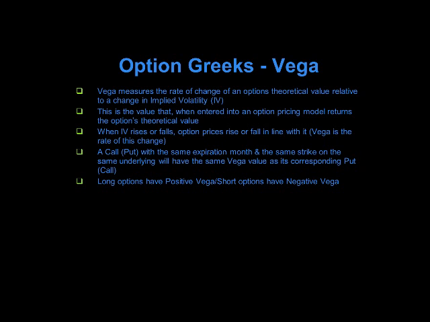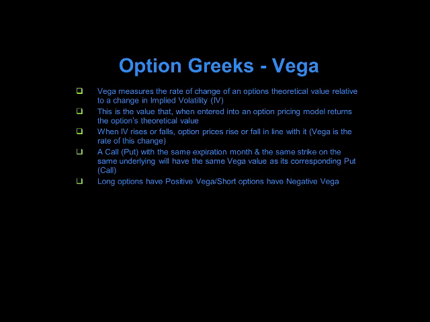If you're short, it's a little bit different. That's where you pick up negative gamma, right? Negative gamma, not good. Well, if you're a good credit spread trader, it can work out to your advantage. If you're short a call, you're negative delta, positive theta, negative Vega, right?